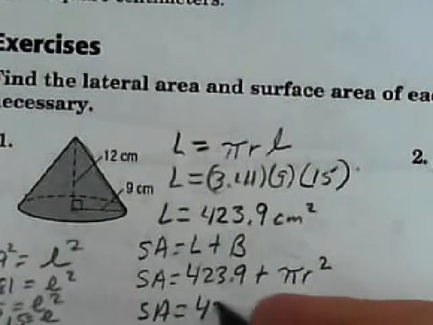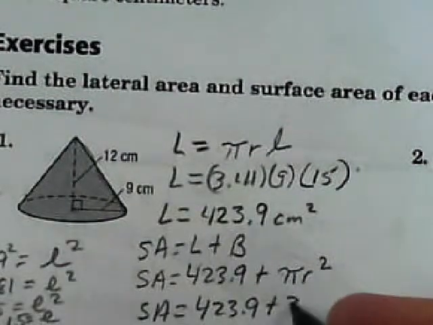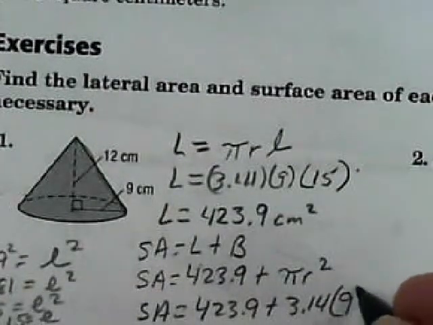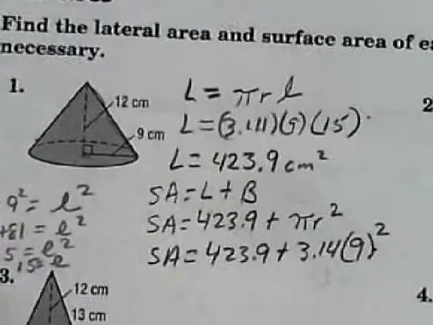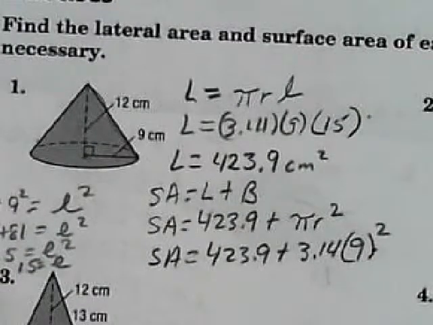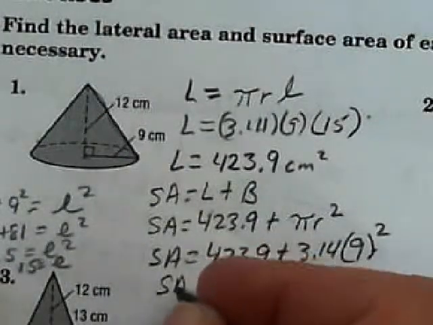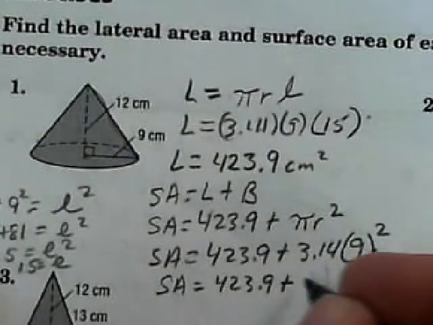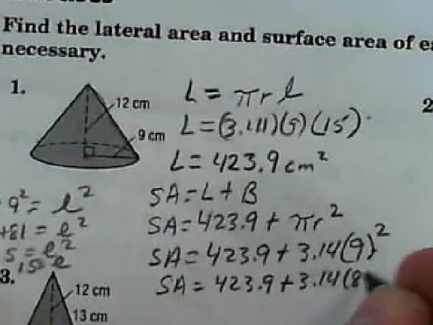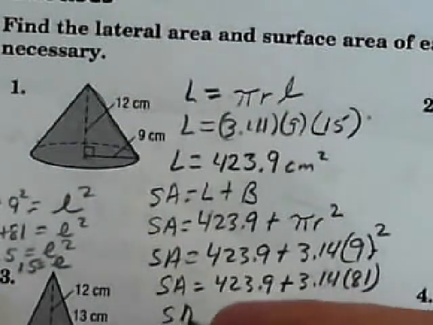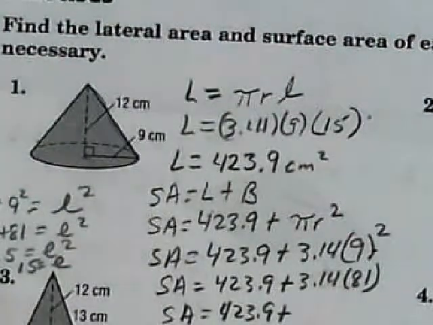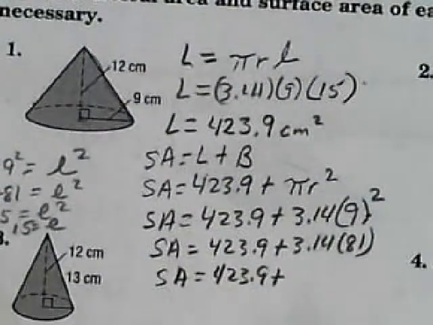So I'd have 423.9 plus 3.14 times, in this case, 9 is the radius, squared. So the surface area is going to be 423.9 plus 3.14 times 81.